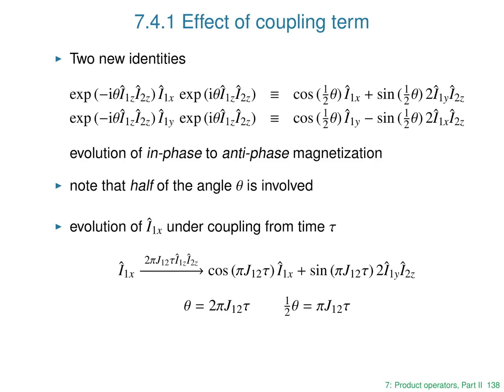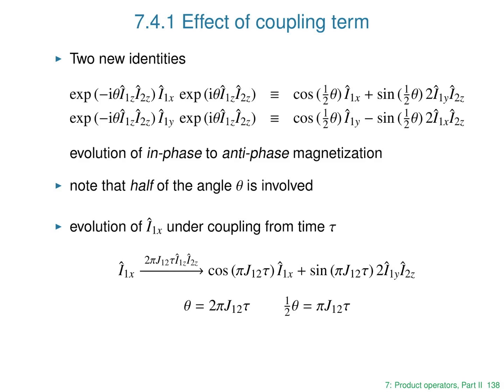And then that identity applies, and I can work out that I1x goes to I1x and 2I1y I2z in the way shown there. Notice that the angle is cos pi J tau. It's half of this angle theta. So that's how you would describe evolution under coupling.